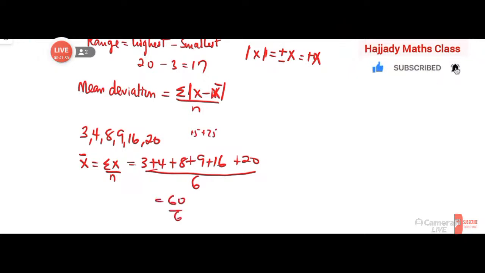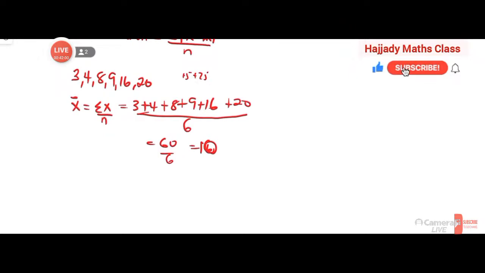So our x bar is 10 in that regard. Using the same definition formula, summation of |x minus x bar| over n, my mean deviation, which I can represent with MD, is going to be the summation of the positive value of my x minus x bar.